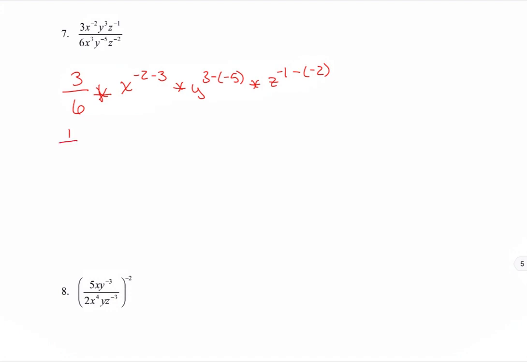So, the 3/6 is 1/2 times x to the negative 5 times y to the 8th. I was doing that right.